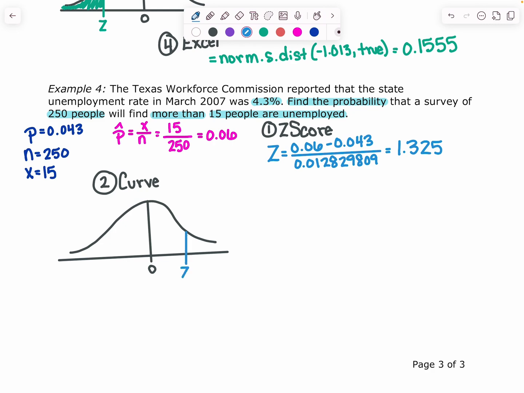We're just kind of eyeballing this since we don't have our actual tick marks to show us 1, 2, and 3 standard deviations. And then step 3 is to shade the area we're looking for. So more than means we want to shade everything to the right.